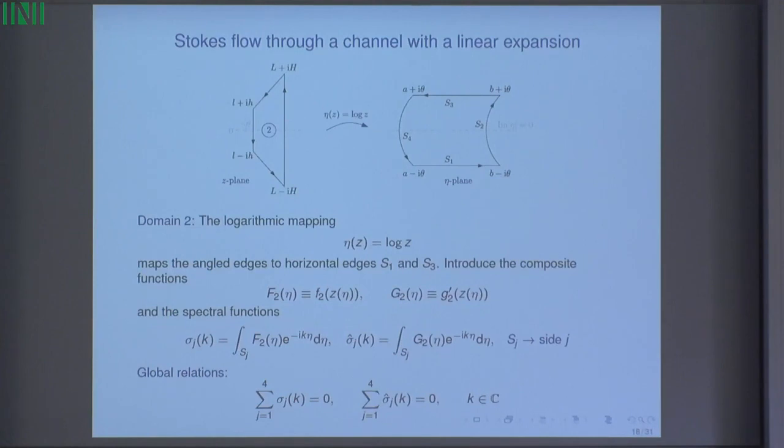We split the domain into 3 convex polygonal domains. And in each of them, we wrote an integral representation for the analytic functions f and g that we are trying to find.